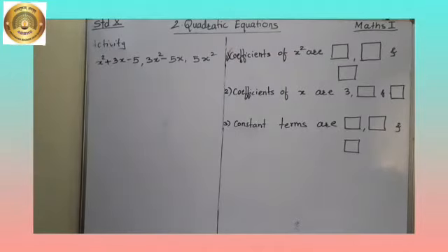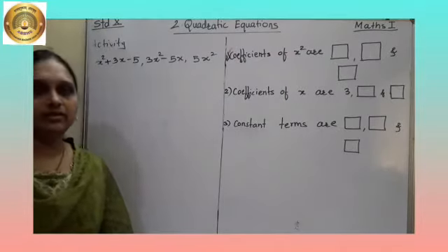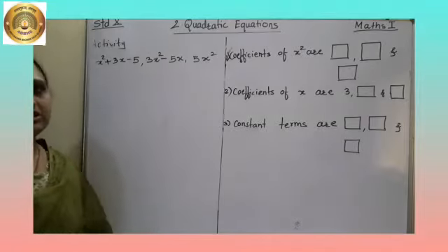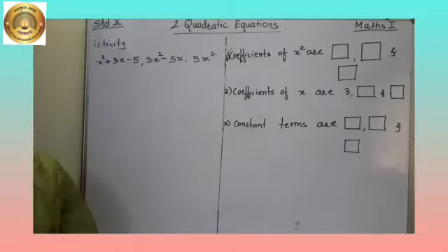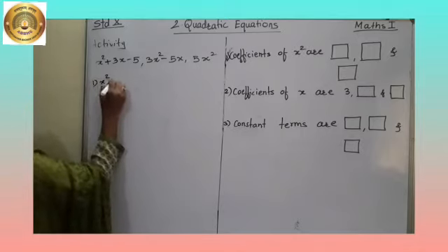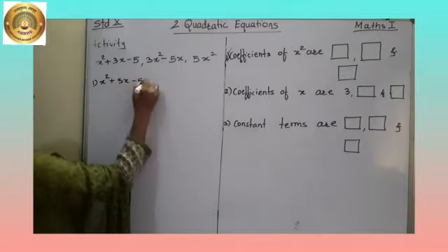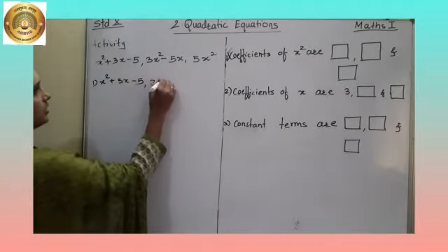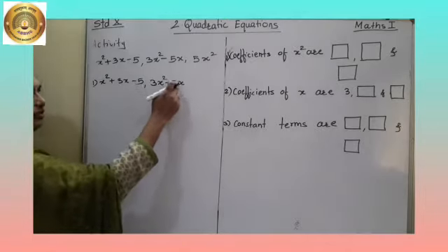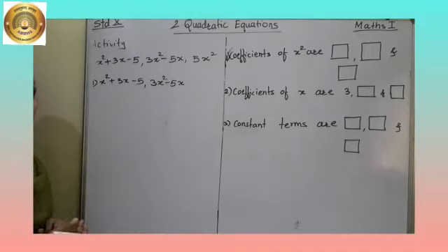So here one more activity is given on page number 31. So now we'll do the second activity. In the second activity, 3 polynomials are given and the question is to write the polynomials in the index form. So first we'll write the index form. First one is x square plus 3x minus 5. This one is 3x square minus 5x, that is x square raised to 2 is given, x raised to 1 is given, x raised to 0 is not given.